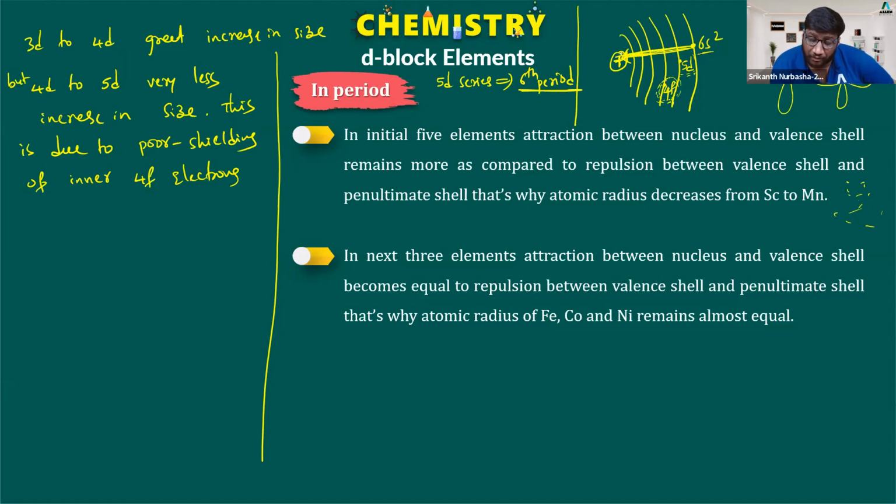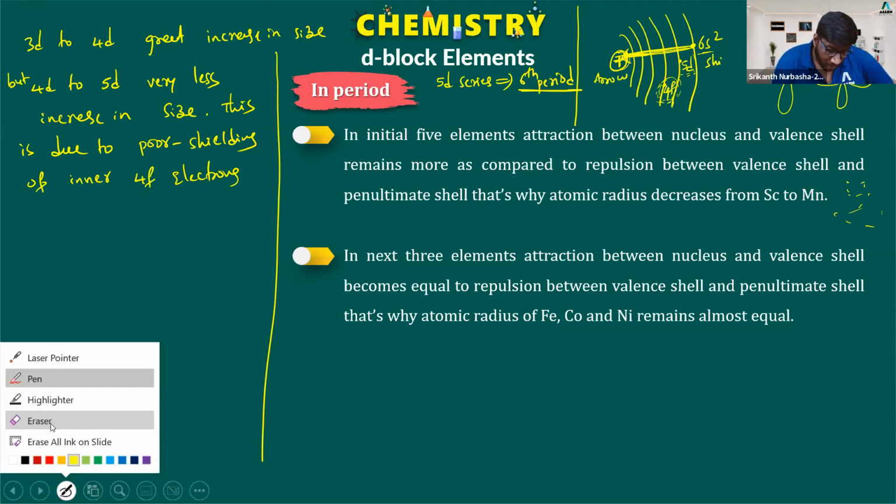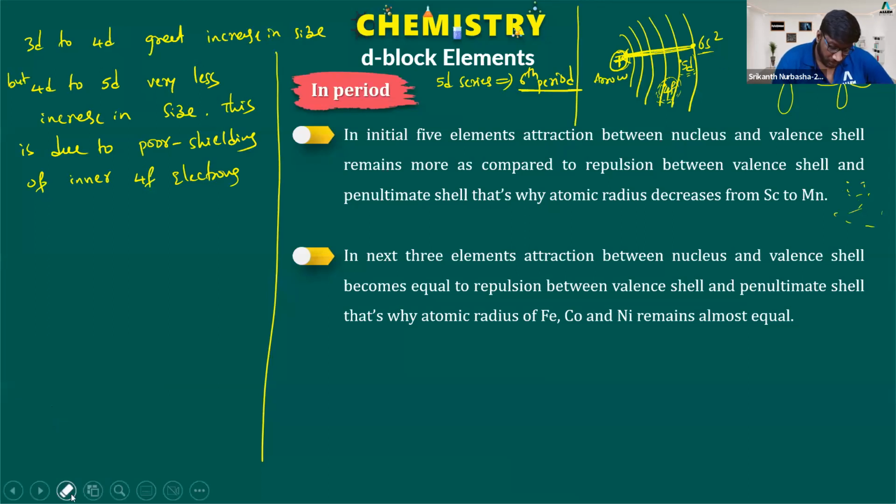Like you can say, the nucleus is an arrow, and your inner electrons are a shield. Just imagine yourself in a war. You are fighting the enemies, and enemies are throwing arrows at you. Here, what is the arrow?